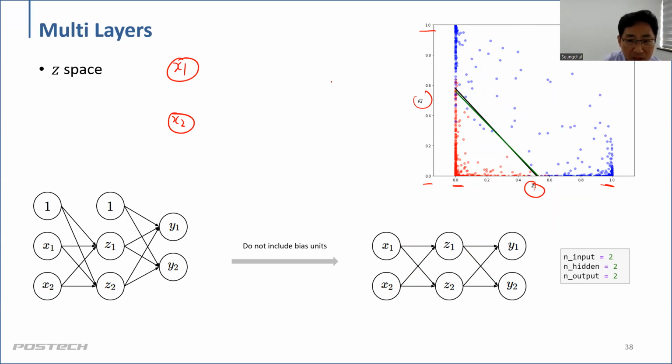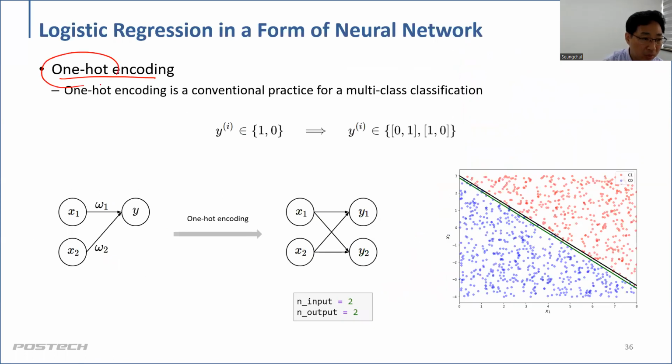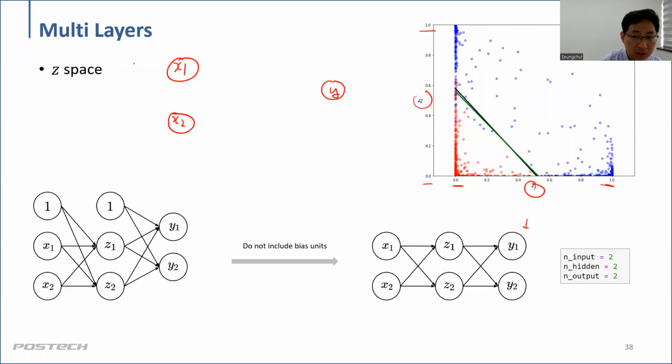The output is, I would say, a single neuron or two neurons, because if you go back, I just skipped one hot encoding. Don't worry about that one, just put it aside right now.